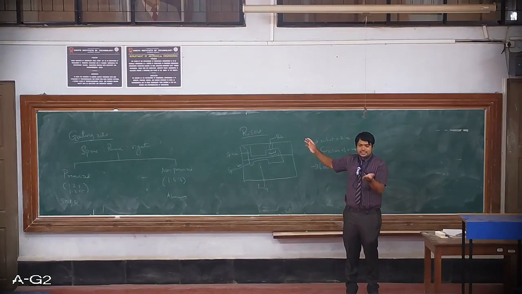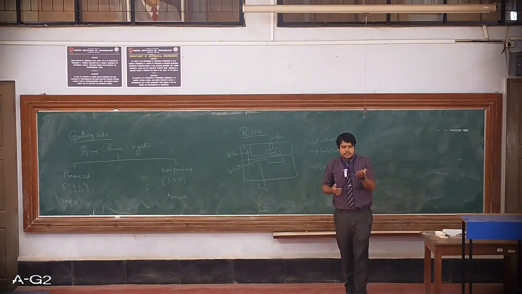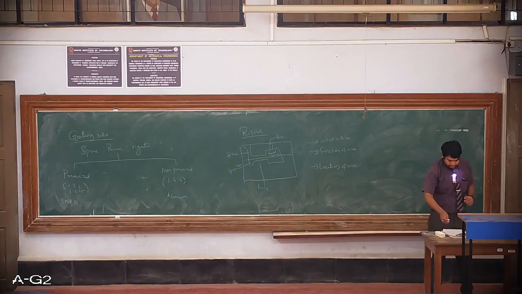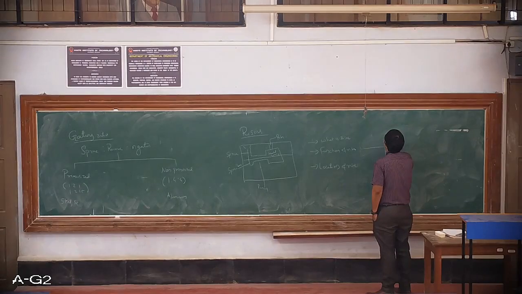As we see the rise of the metal, we call it a riser. It plays a very crucial role in order to get defect-free castings. It has multiple functions. So coming to functions of the riser, first one is it acts as a feeder.